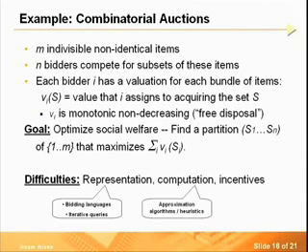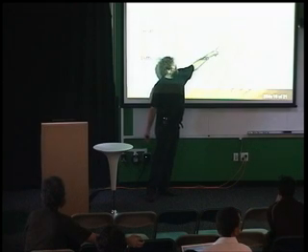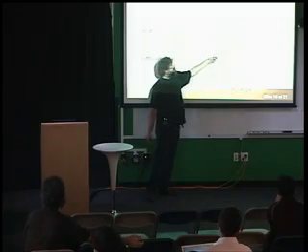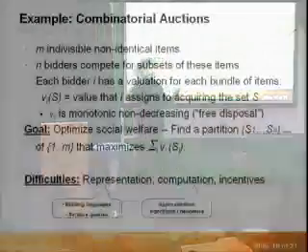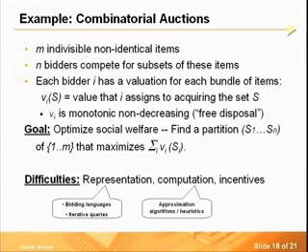And the basic goal would be, let's allocate. How do we auction all these items together in a way that maximizes the total value? If S_i is the set of items that i gets, how do I optimize the total value that everyone gets together? There are a bunch of difficulties there. First of all, there's a representation issue.